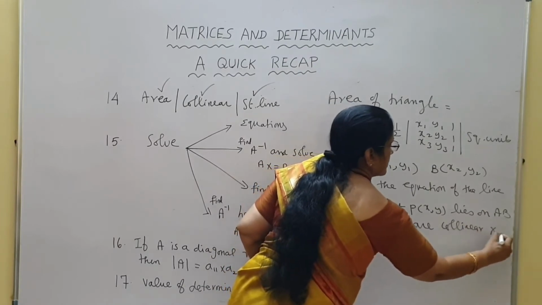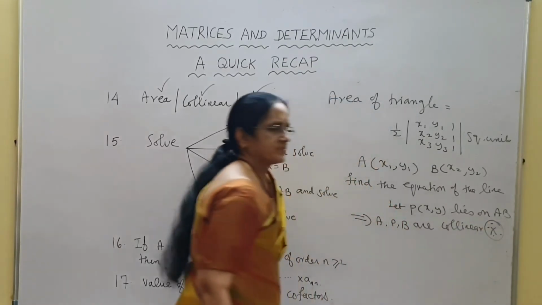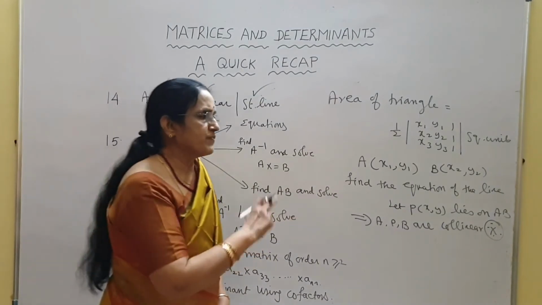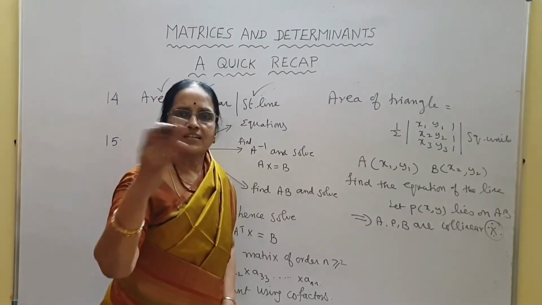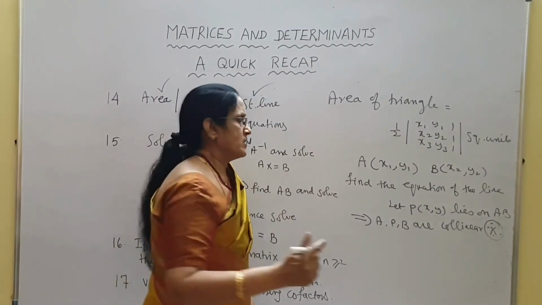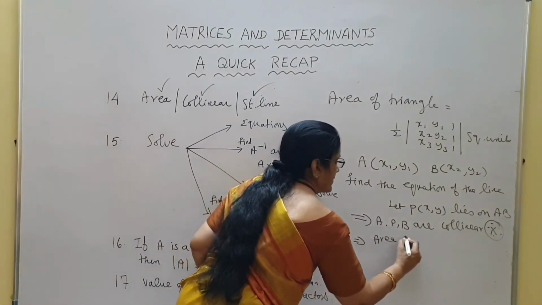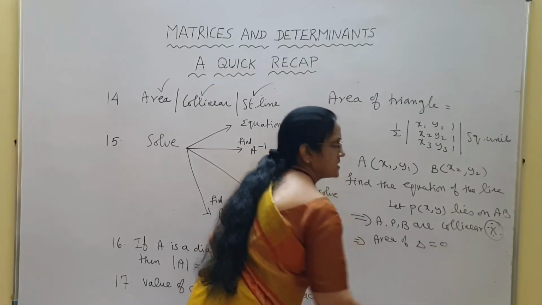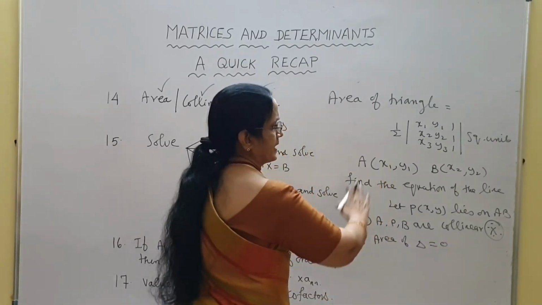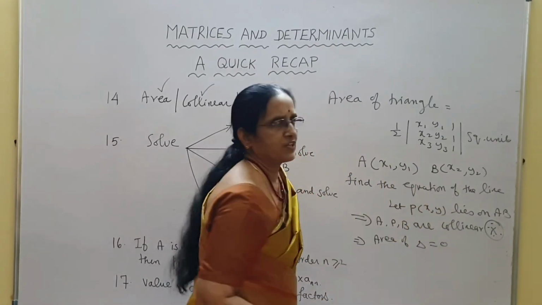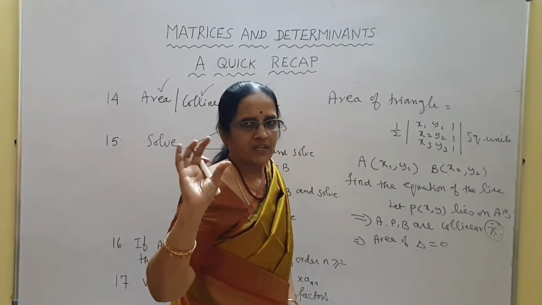It's a very, very important point. Now what is the condition for collinearity? Area of the triangle should be equal to 0. So this implies area of triangle equal to 0. Now when you equate area of the triangle to 0, you will be getting the equation of the line AB.